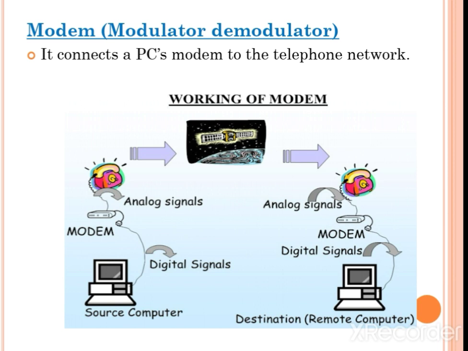It is a hardware component that allows a computer or another device such as a router or a switch to connect to the internet, and it converts or modulates an analog signal from a telephone or cable wire to digital data in the form of ones and zeros that a computer can recognize.